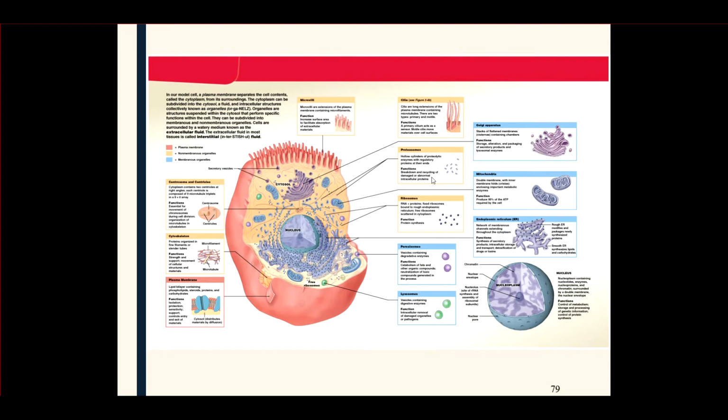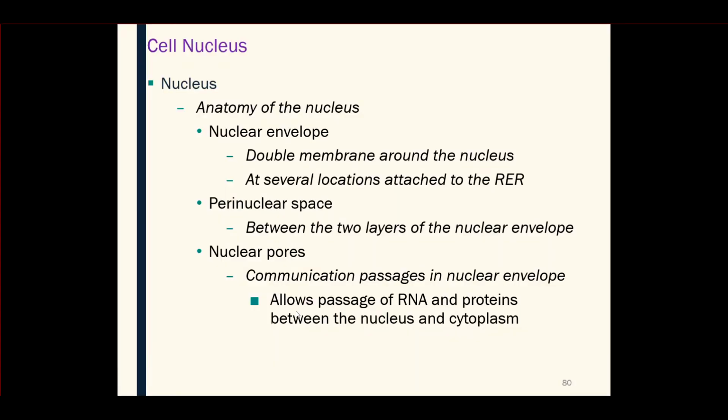So here's our picture from that composite cell picture. Here's the nucleus in the center of the cell. Again, we had done all these organelles in previous lessons, as well as the cell membrane. Let's take a look at the anatomy of the nucleus. The membrane around the nucleus we call the nuclear envelope.